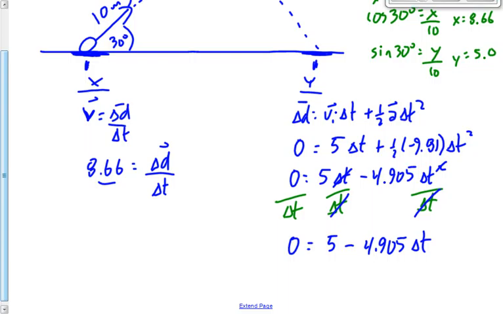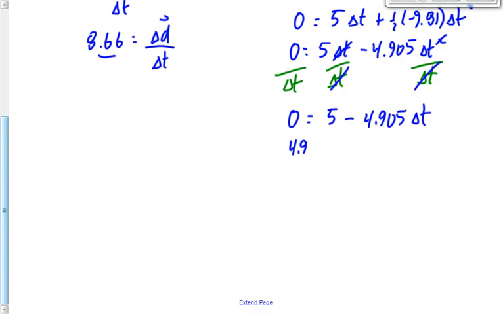T is only in one place. Let's take the 4.905 t to the other side by adding. It becomes 4.905 t equals 5. T is equal to 5 over 4.905. Gives me 1.0194 seconds.